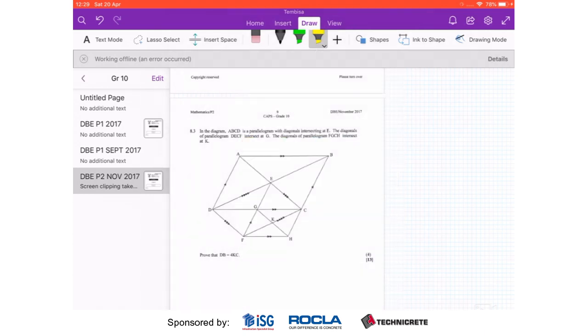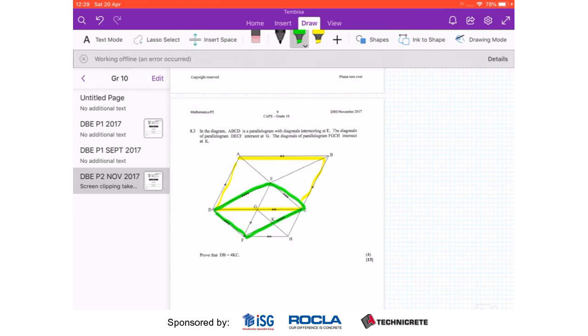intersecting at E. The diagonals of parallelogram DE, so we've got 2. We've got ABCD as a parallelogram, and then we've got another parallelogram DECF.